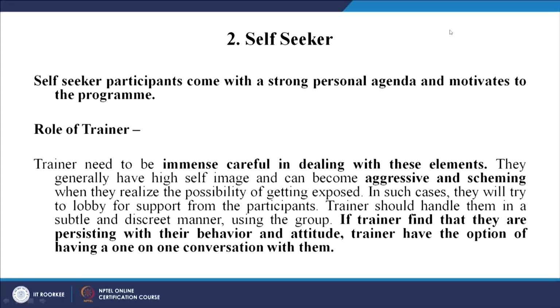They generally have a high self image, because they feel, I know, I am coming from the field. So, it is theoretical, nothing useful and not practical. Their self image is very high and they can become aggressive, and if you say no, the concept is like this only, they will say no and they will start a discussion.